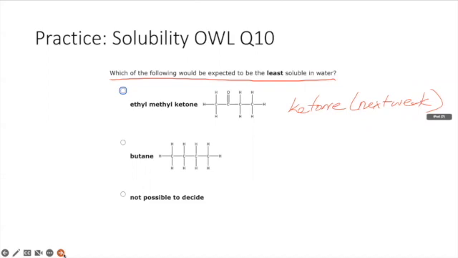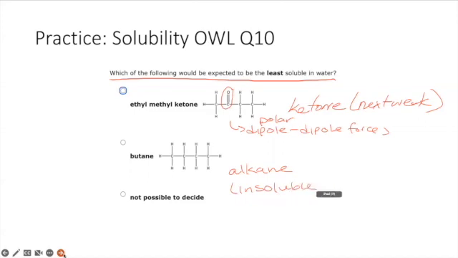But we see it has an oxygen group here, which means it's polar and displays dipole-dipole forces. Whereas this butane is an alkane, and as we know, is insoluble in water. So the alkane would be the least soluble.